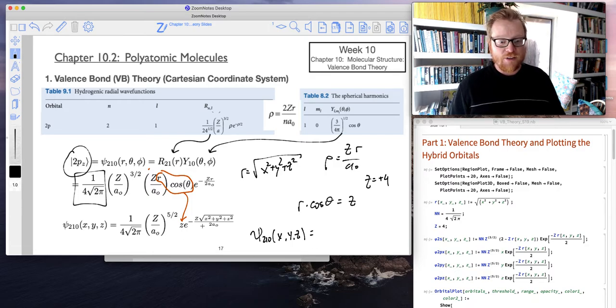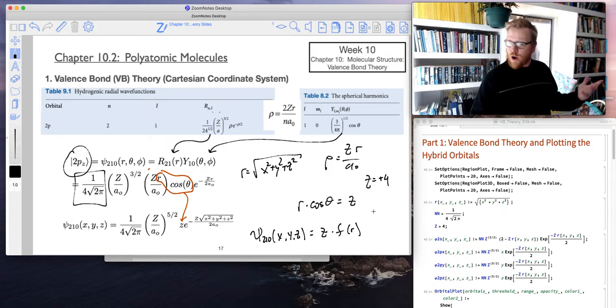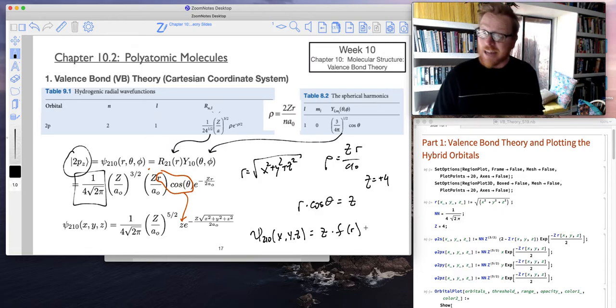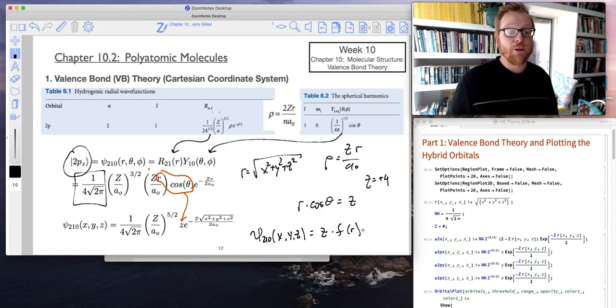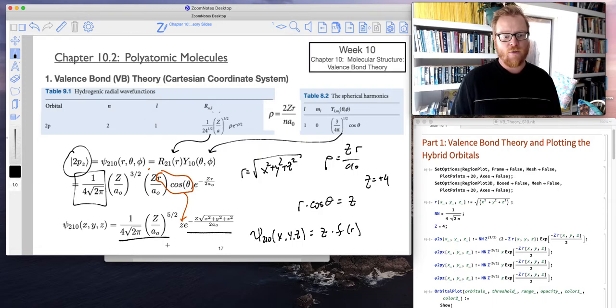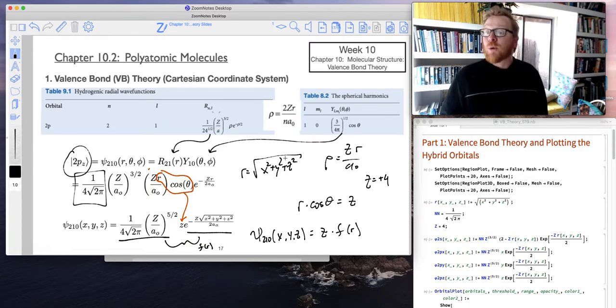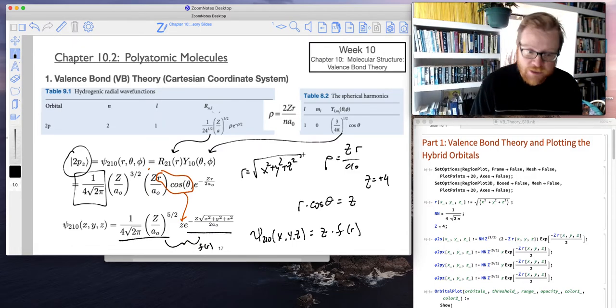We can just say that this is all equal to z times some function in r, which, recall, is what we did last time. We did this in chapter 9, where now my function of r is this chunk and this chunk right here. So all of that is my f of r. And of course, I've replaced r with the square root of x squared plus y squared plus z squared.